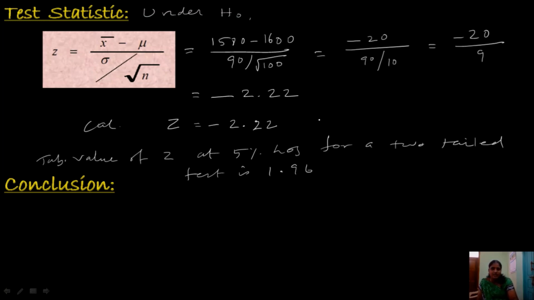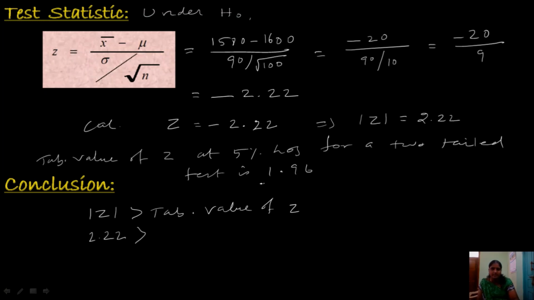We have to compare the calculated value with the table value by taking its absolute value. So the absolute value of z is 2.22. That means negative becomes positive. So my calculated value of z, that is absolute z, is greater than the table value of z. Isn't it? Our calculated value, absolute z as 2.22, is strictly greater than my table value 1.96.